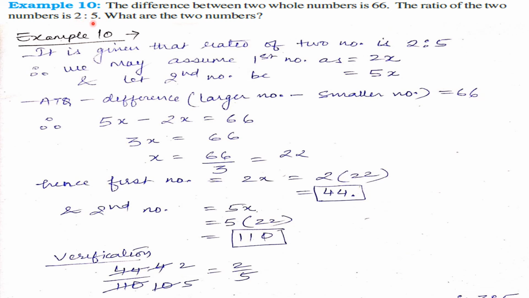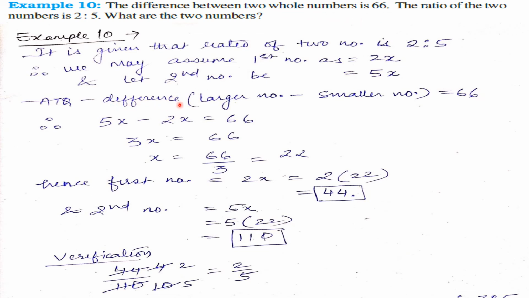If the ratio is 2:5, I can take one number as 2x and second number as 5x. Okay? See, it is given that ratio is 2:5, so we can assume first number as 2x and second number as 5x. Now, second thing given to us is the difference between two numbers is 66.